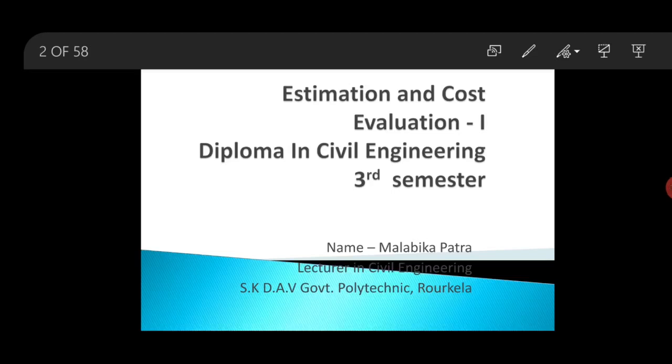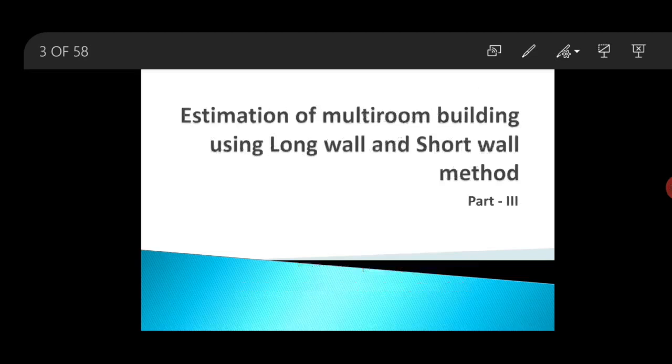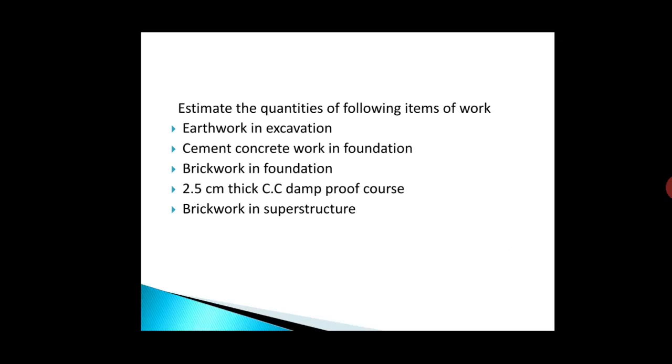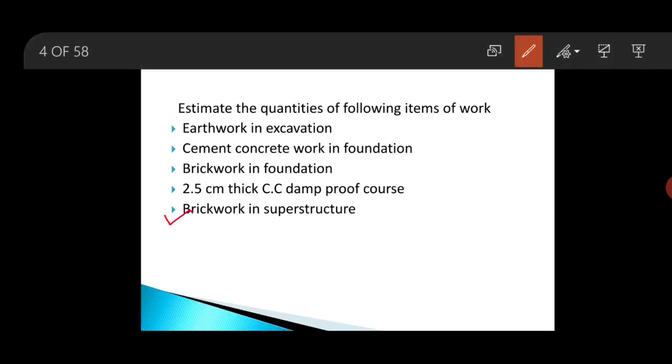In the last class we started the quantity calculation of brickwork in superstructure of a multi-room building using the long wall and short wall method, and today we will go for the deduction part of the same item.